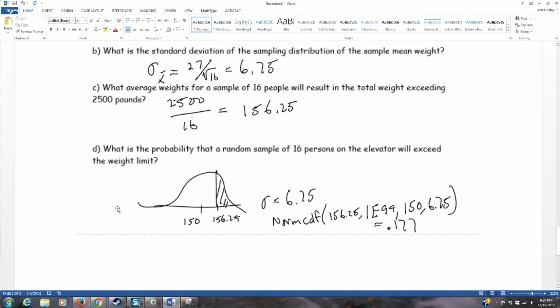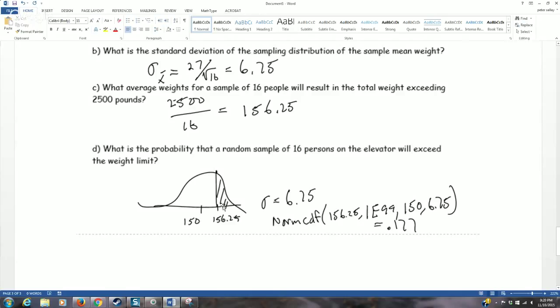So part D is asking, what's the probability that a random sample of 16 will exceed the weight limit? Well, that's the same as saying, if I expect it to be 150, what percent of the population would be larger than 156.25, given this sample standard deviation of 6.75? Since I'm trying to find the area above 156.25, that's a norm CDF.